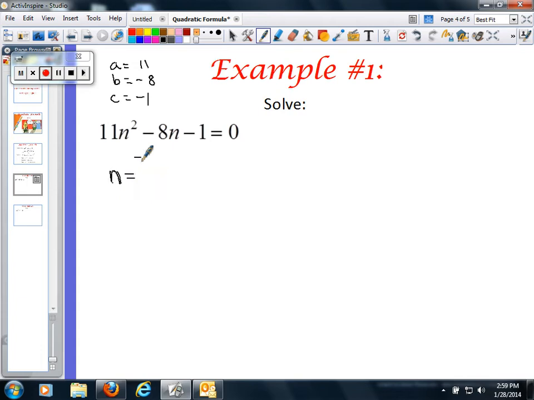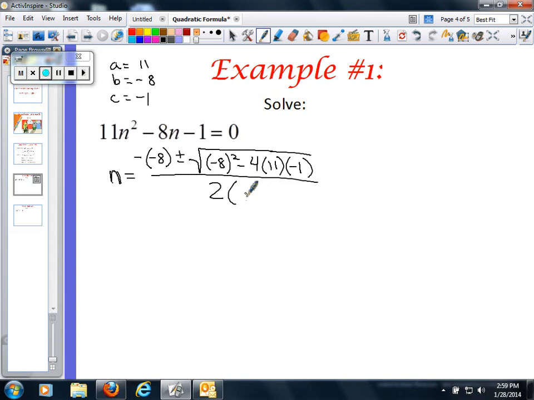It's negative b, b is negative 8, plus or minus the square root of b squared minus 4 times a, which is 11, times c, which is negative 1, all over 2 times a, which is 11.